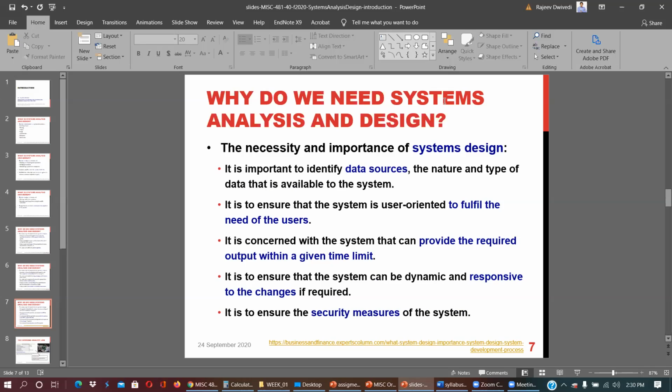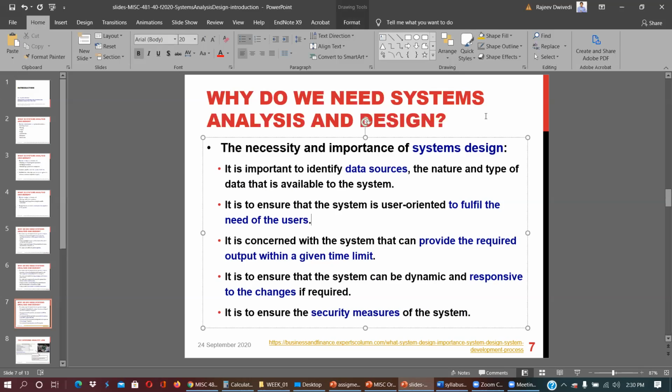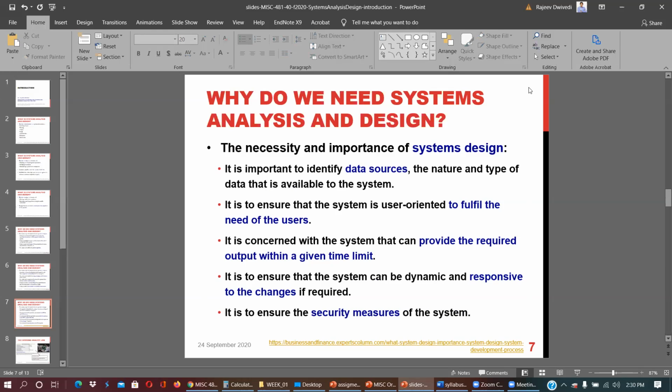Users are expecting something, and basically the system is delivering something else. So there is a mismatch between user expectations and delivery from the design side, the developer side. So it is the need of the user.